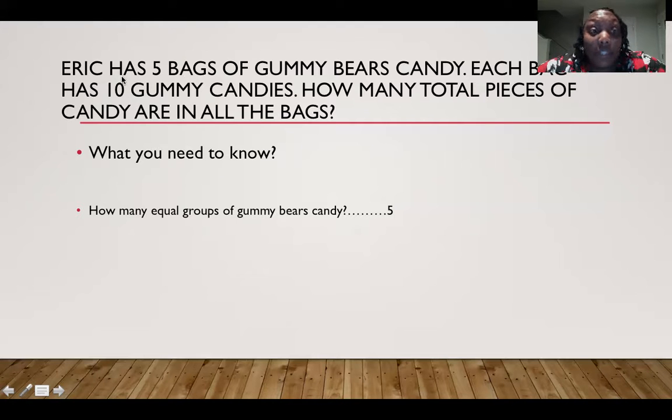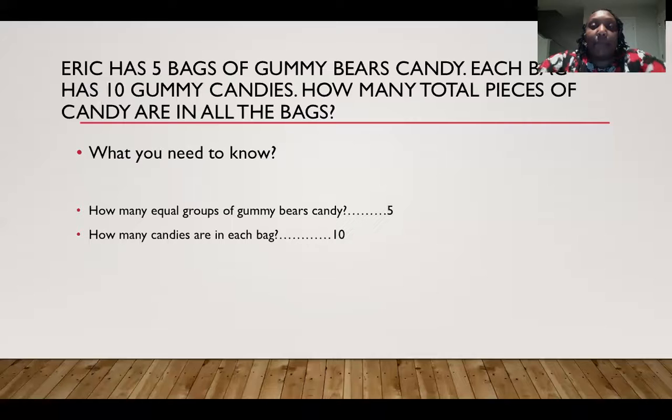So look at our first sentence here. It says Eric has 5 bags of gummy candies. So we know instantly there are 5 equal groups of gummy bears candy. And the second thing you want to know is how many candies are in each bag. Again, we want to go back to our problem. The second sentence says each bag has 10 gummy candies.